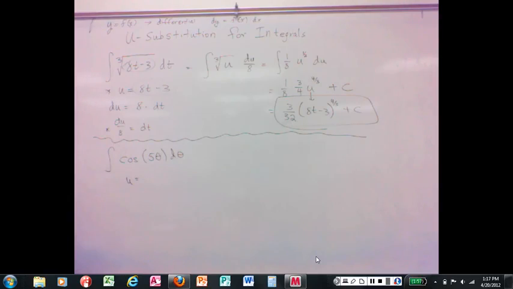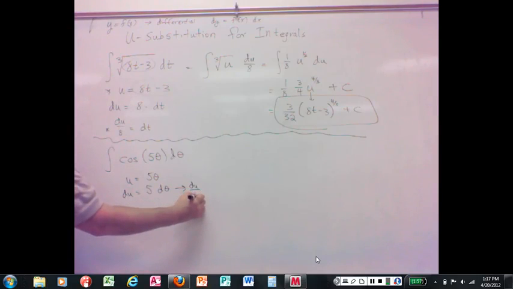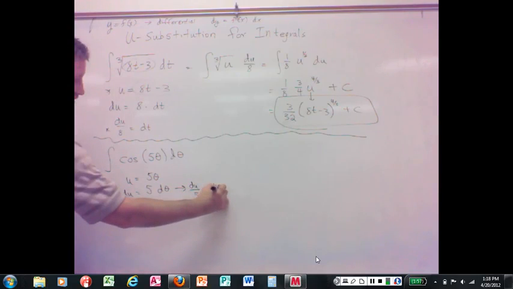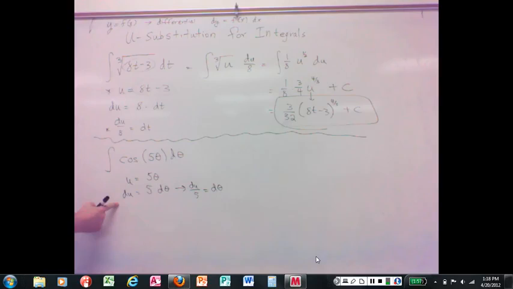In this case, what do we assign u to be? 5 theta. Yeah, u is just the 5 theta inside there. So du would just be the derivative of this, which is 5 times d theta, which would mean du over 5 is going to equal d theta. Just divide both sides by 5.